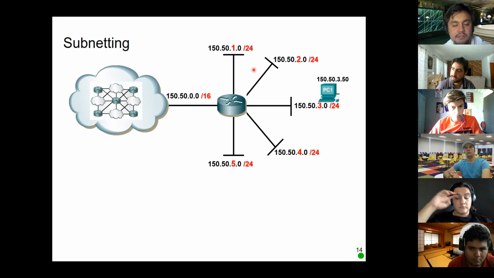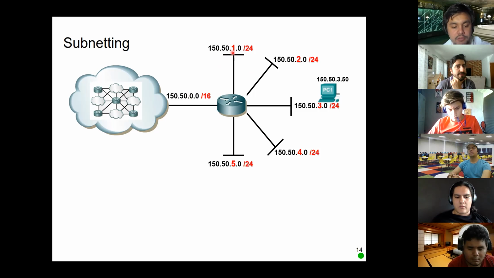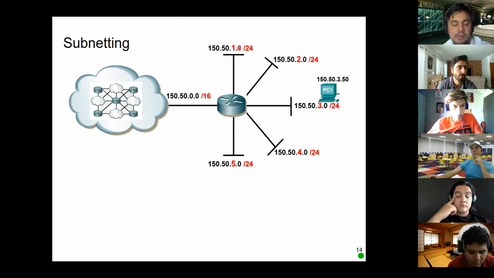Or rather, the designer decided to use these 8 bits here as the subnet part. Basically it means I'm going to use 8 bits for my subnets, because I want to have different networks, and I'm going to use 8 bits as the host part. What it means is you're going to have 2 to the power of 8 subnets, and 2 to the power of 8 hosts per subnet.